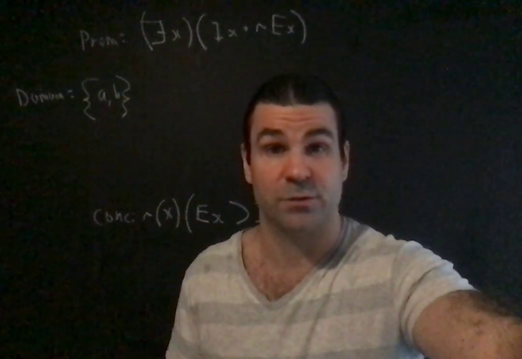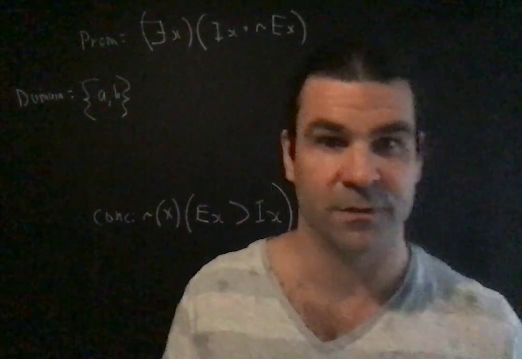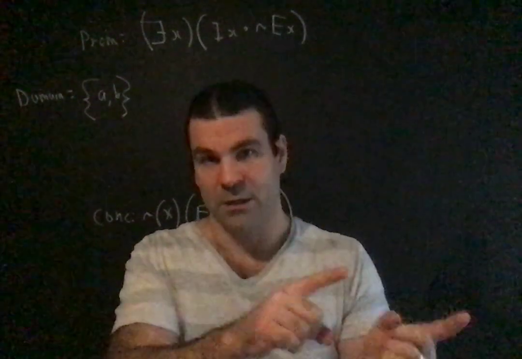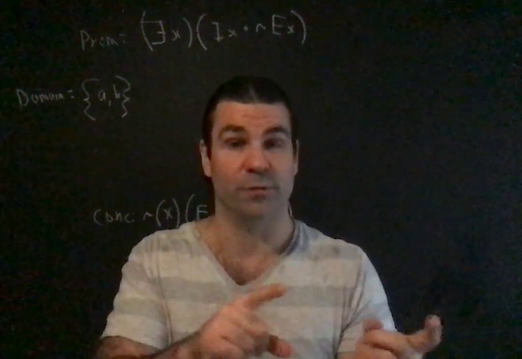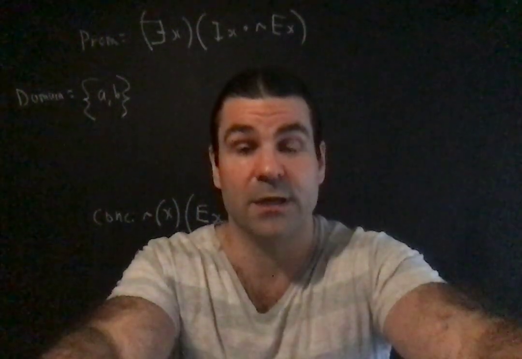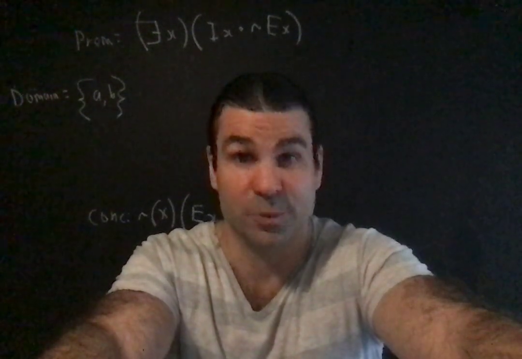In a domain of two individuals, it means either A is F or B is F, a disjunction: Fa or Fb. Notice how we've changed form, moving from the quantified statement to the interpretation of that quantified statement in the domain of two individuals.